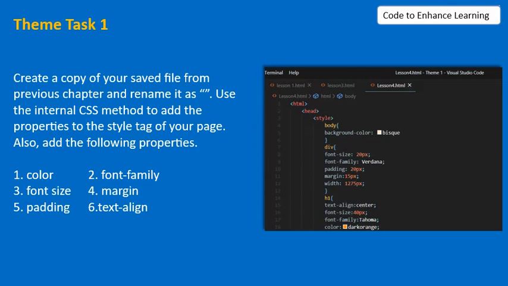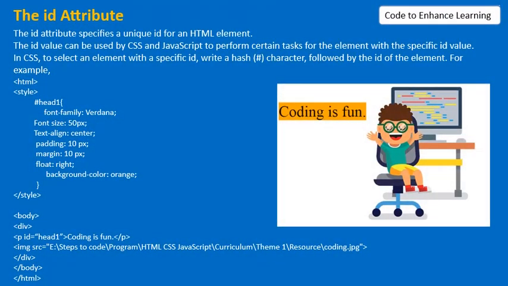So I hope you are done with it. Let's move on with our lesson. The ID attribute. The ID attribute specifies a unique ID for an HTML element. The ID value can be used by CSS and JavaScript to perform certain tasks for the mentioned element with the specific ID value.